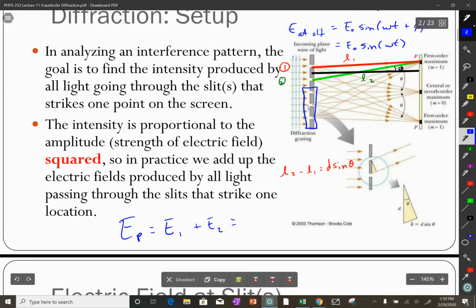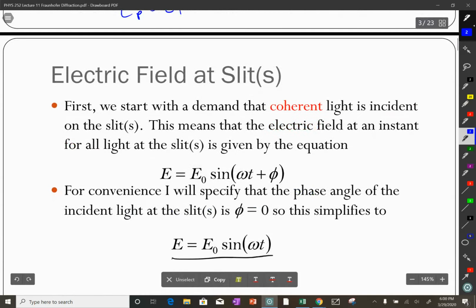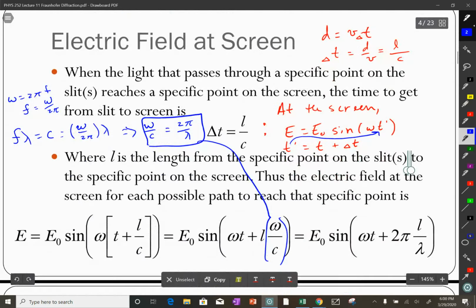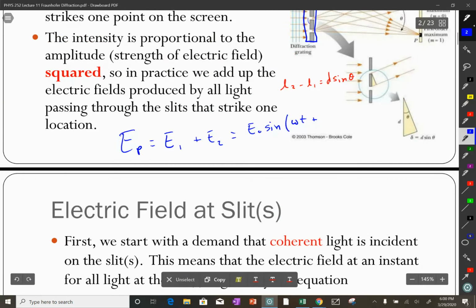So that's going to be equal to E0 sine of omega t plus 2 pi L1 over lambda plus E0 sine of omega t plus 2 pi L2 over lambda. So that's the electric field at point P that came through those two slits.